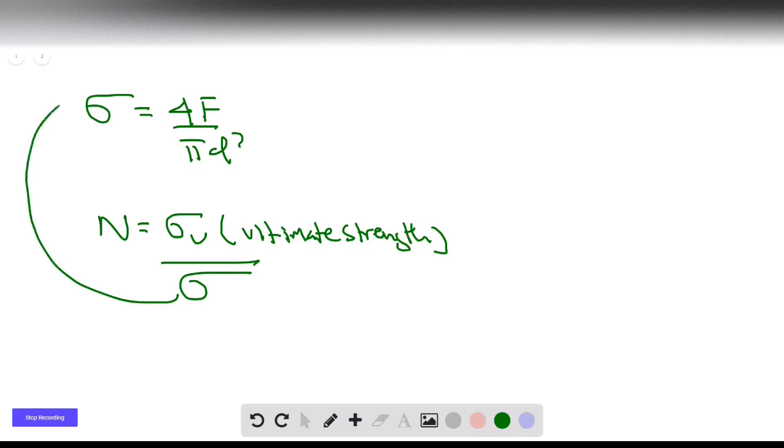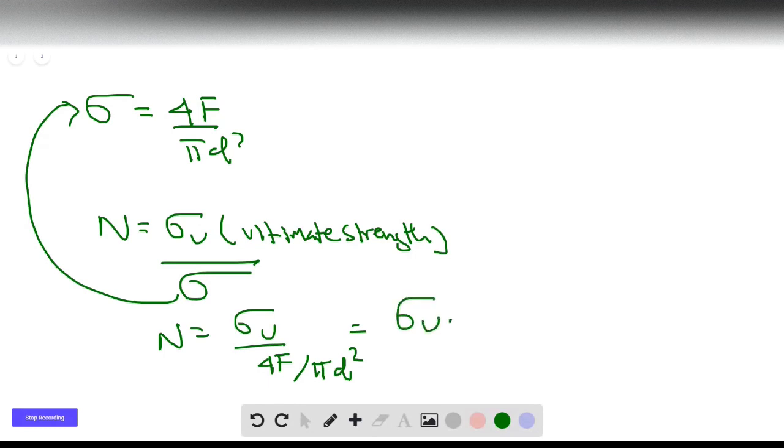And because this is the stress, we can define the safety factor as the ultimate strength over 4F over pi d squared.